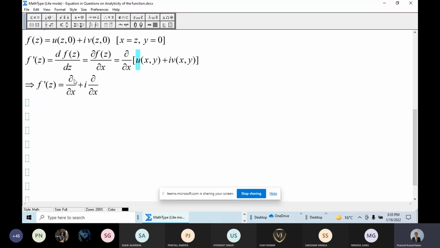We may use here u plus I times v. But our purpose is to find the value of f(z), and if we know f dash z, then we can find f(z). But what is given? You should keep in mind that either u is given or v is given.